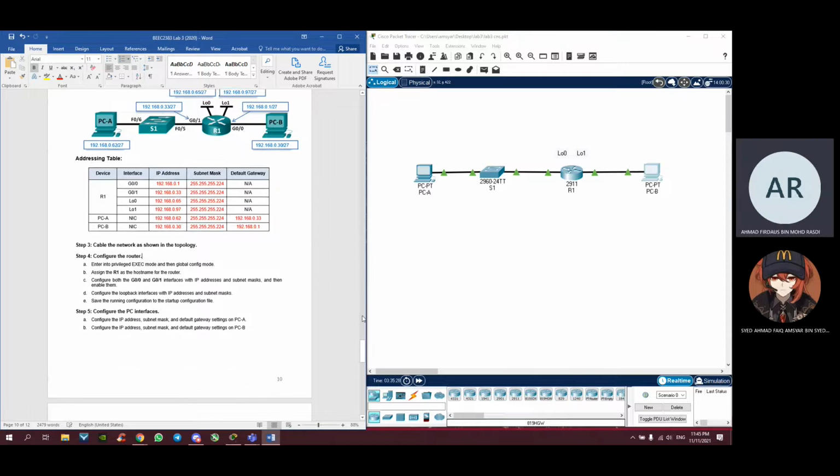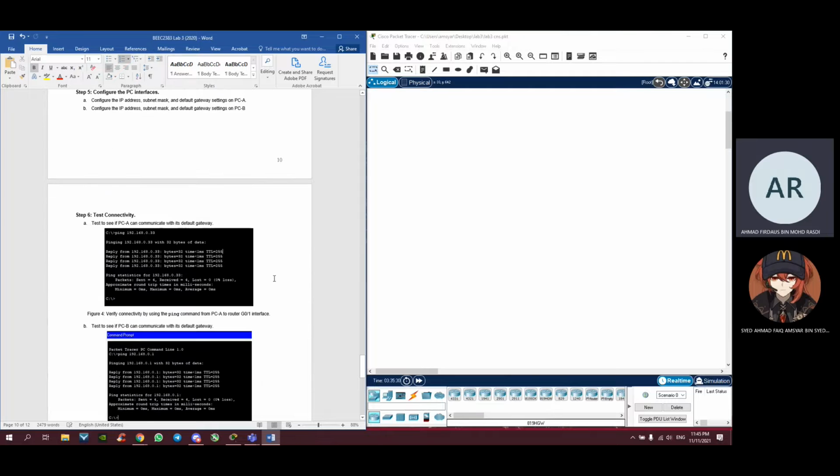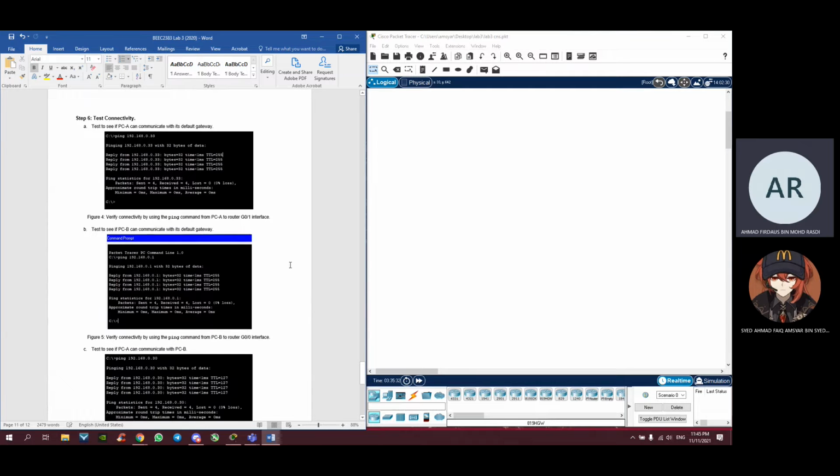Okay, next for step 6. After that, we're going to test the connectivity, and yes, as you can see, each and every one of the connectivity tests we made was sent four, received four, which is 100% no loss.